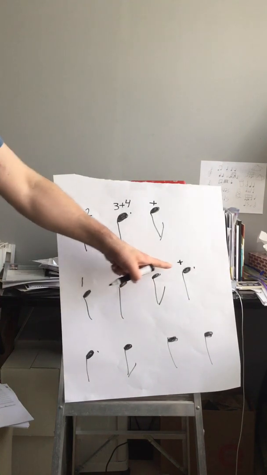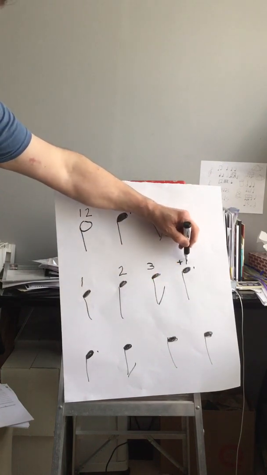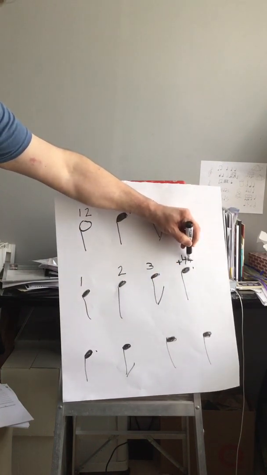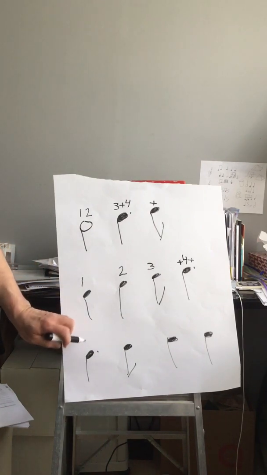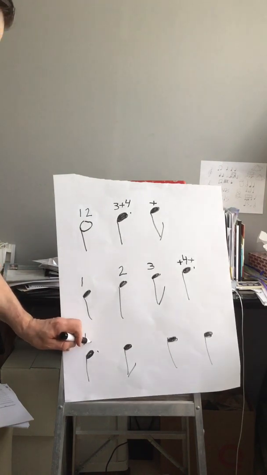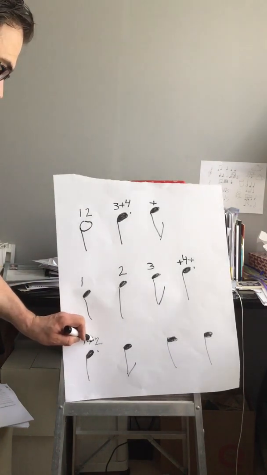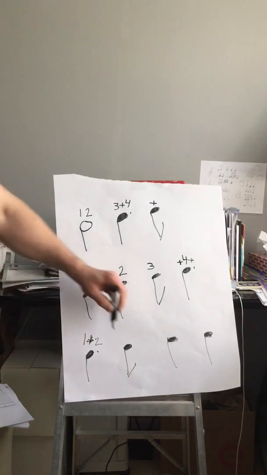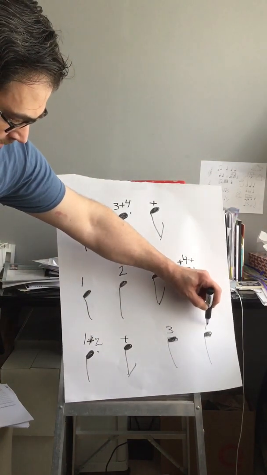The other part of 3 is in here. 3 and, 4 and, okay? And here's another one. So this gets 3 numbers, so it's 1 and 2. Okay, this is and, this is 3, 4.